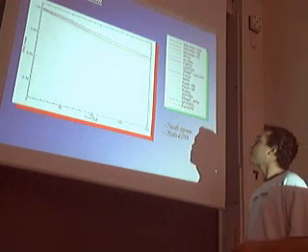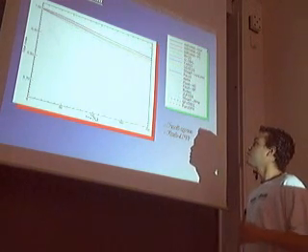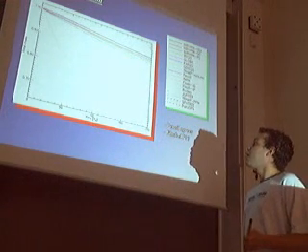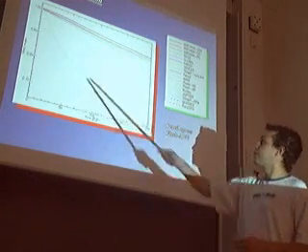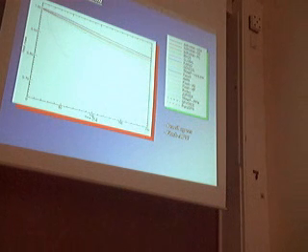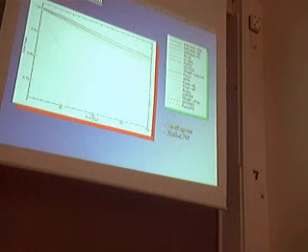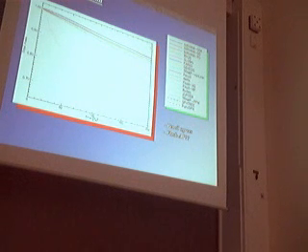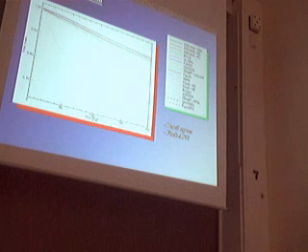Then every single code does quite similarly, apart from the Flash AP, which is the Cartesian version of the Flash code, and that's the only other Cartesian code there.